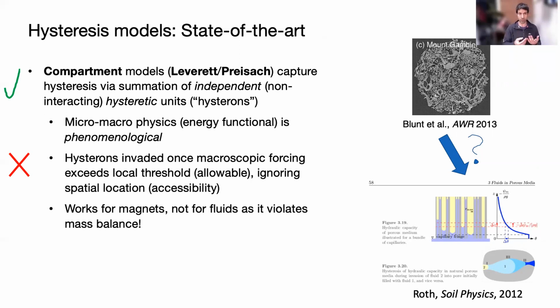So this respects thermodynamic admissibility, if you wish. Once the capillary pressure is large enough to invade these large pores, all the large pores in drainage will be invaded, regardless of where the interface is, even if you're still here. And this, of course, ignores accessibility, or the spatial location of the interface versus the pores. This is okay for magnets, but it violates mass balance in fluids.